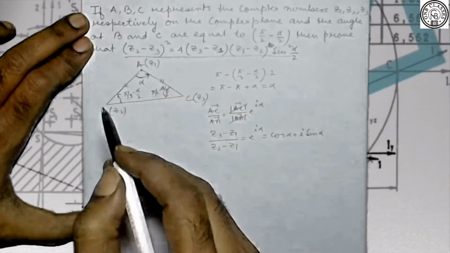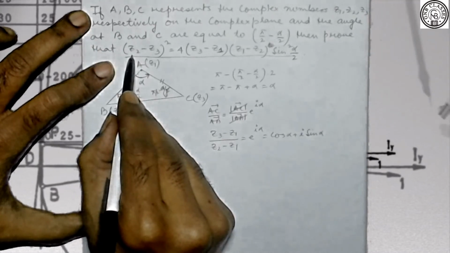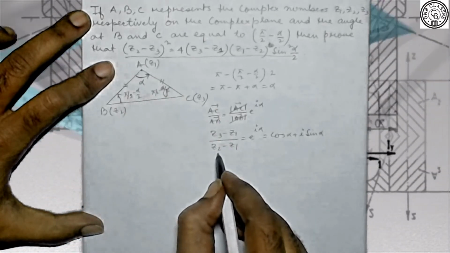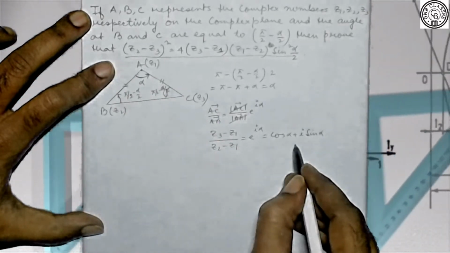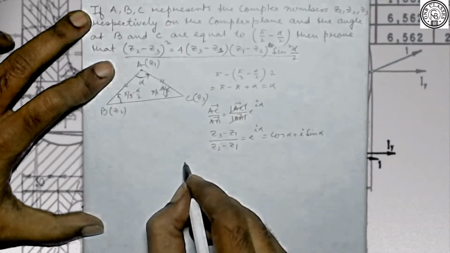Now, in the proof part, we can easily see that in the left hand side, we are having Z2 minus Z3. So, to get Z2 minus Z3 from this equation, what I am doing is, I am subtracting 1 from both sides.